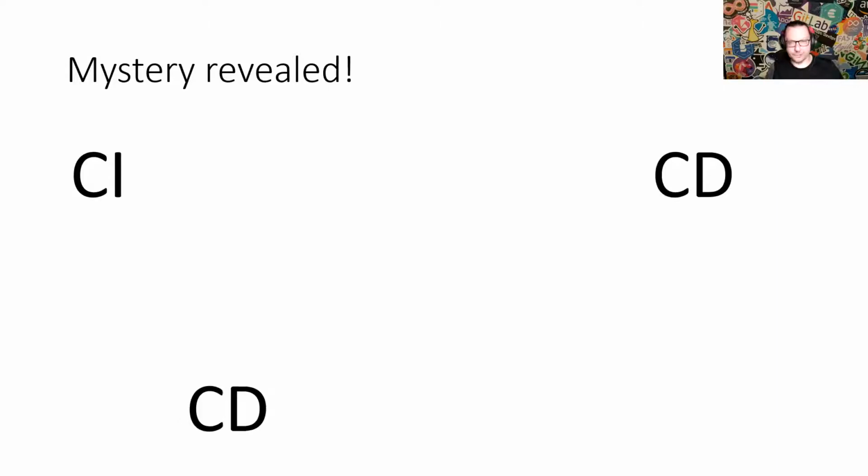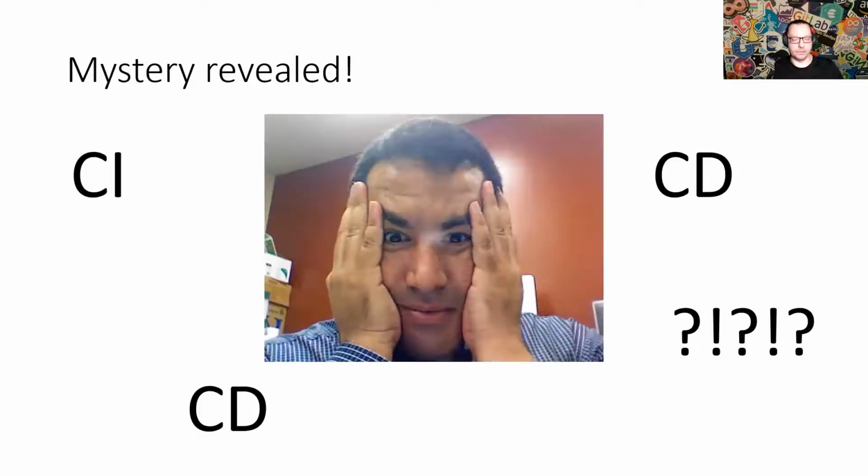So we have CI, we have CD, and we have another CD, and multiple people, as I said, have a problem with defining the boundaries between them, and they are confused about what we are really talking about, especially if we are talking about CD and CD. What is the difference between the two of them?